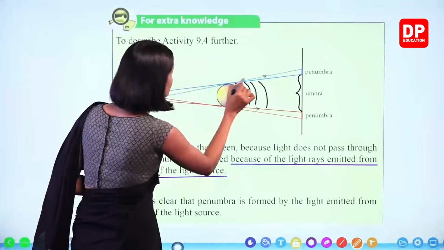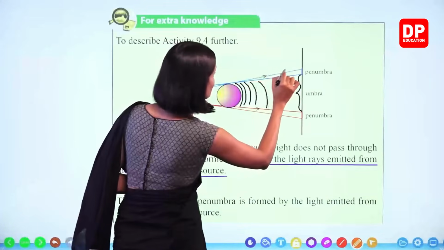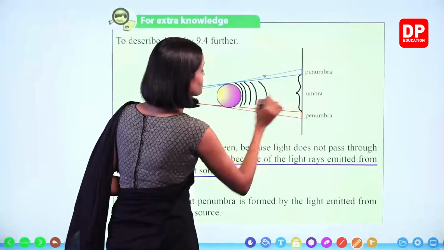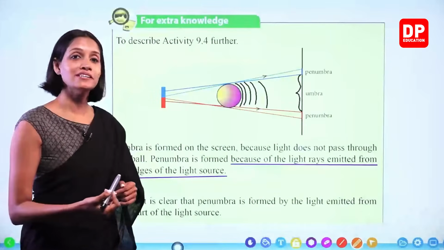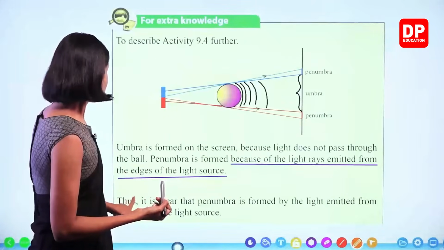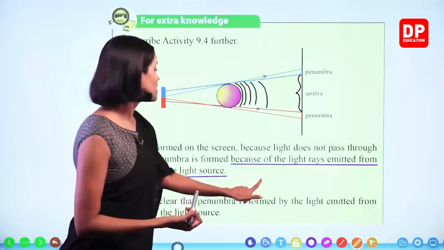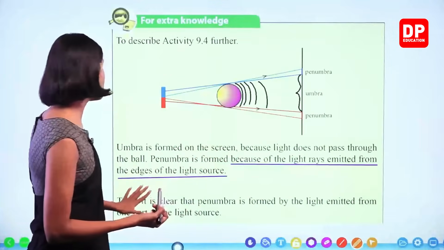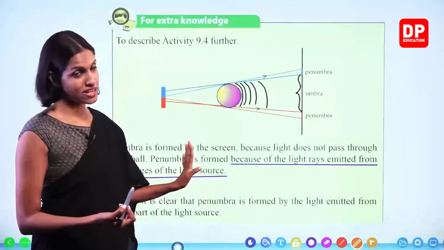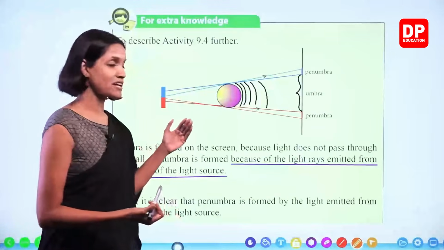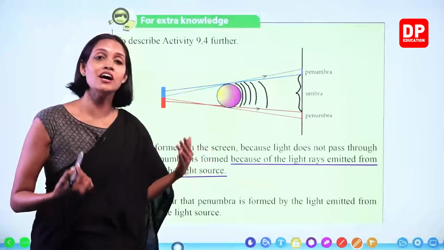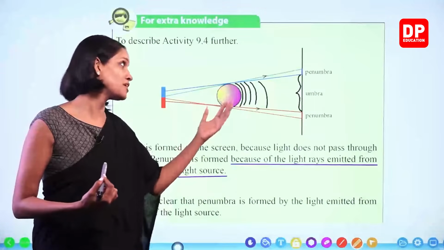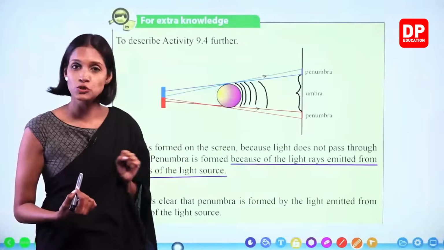From the edges, because of the light emitted or escaped, penumbra is formed around the umbra. Right, children? Thus, it's clear that penumbra is formed by the light emitted from one part of the light source. Okay, children? So, after doing this activity, I hope it's very clear how penumbra is formed. And umbra, we already learned that the main shadow is known as umbra.